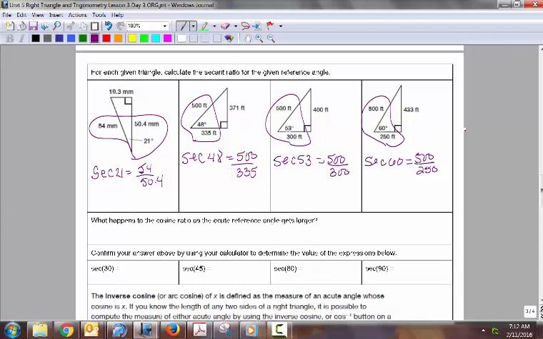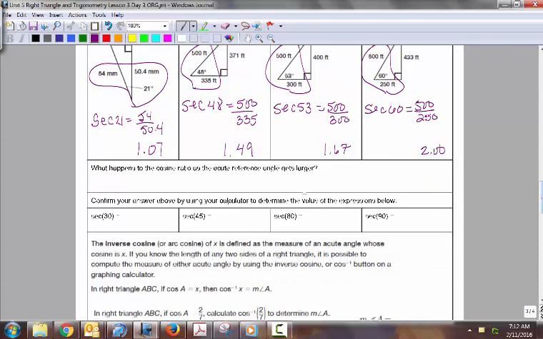This time we're dividing 54 by 50.4 to get 1.07. We can divide 500 by 335, and I get 1.49. I take 5 divided by 3, 1.67, and I take 50 divided by 2, don't need a calculator for that, and I get 2.00. And actually this should say secant, sorry about that.